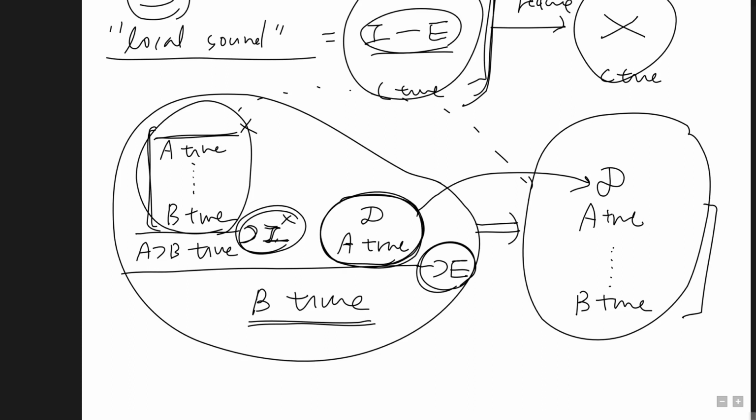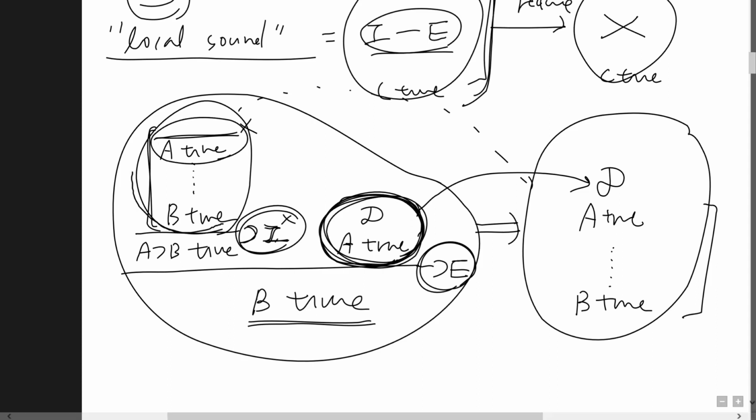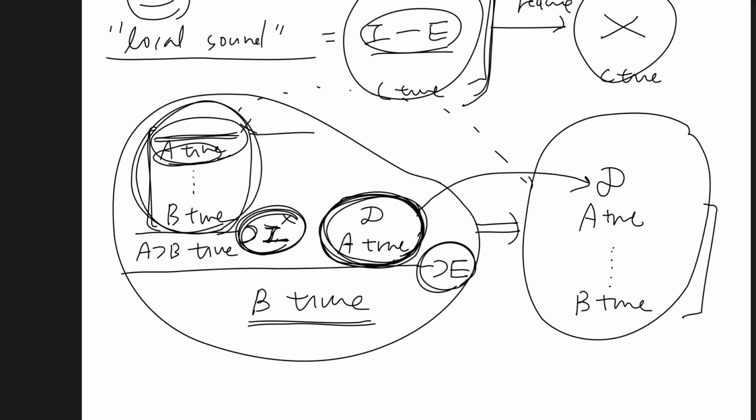In reality, you have to actually make copies of this proof many times, as many times as there are these hypotheses inside this derivation tree. Remember that when you apply this implication introduction rule, you may use the hypothesis just once or twice or zero times or as many times as you like.